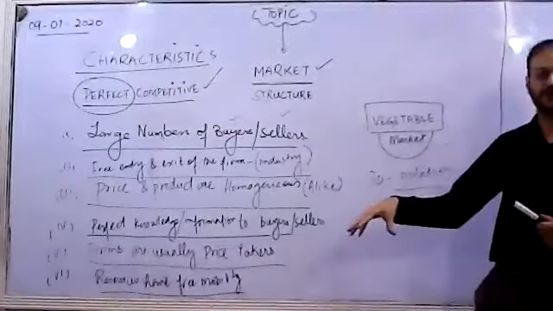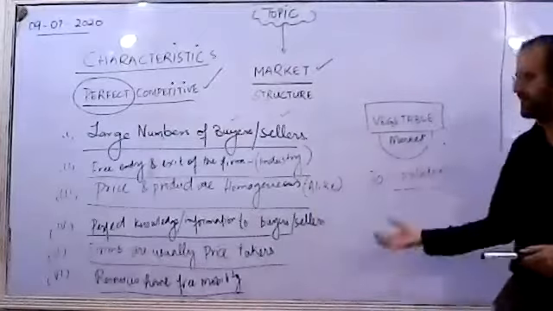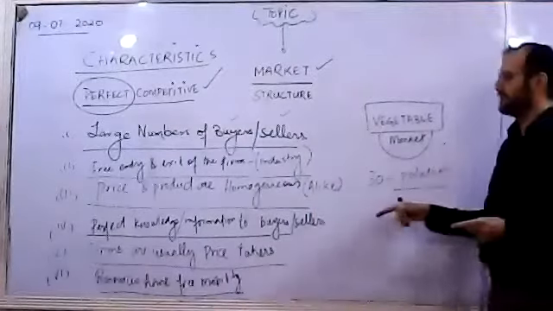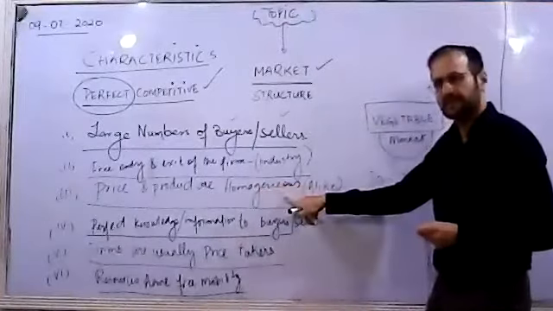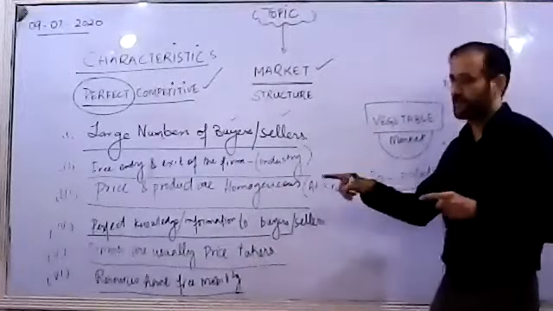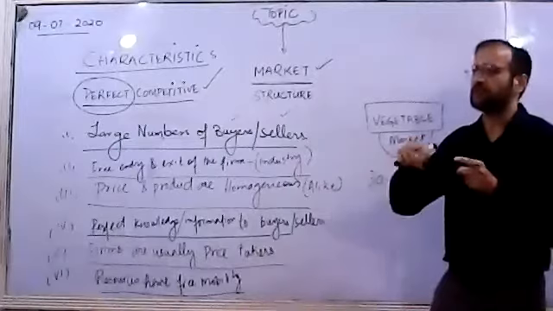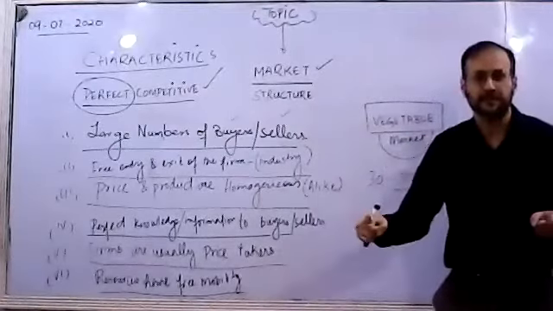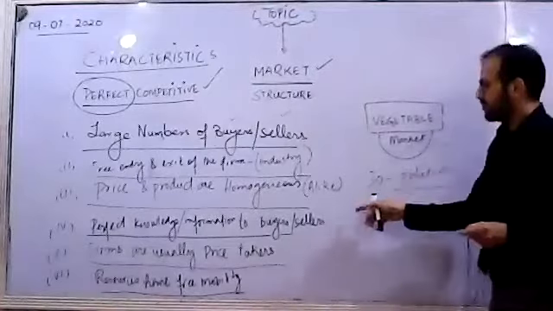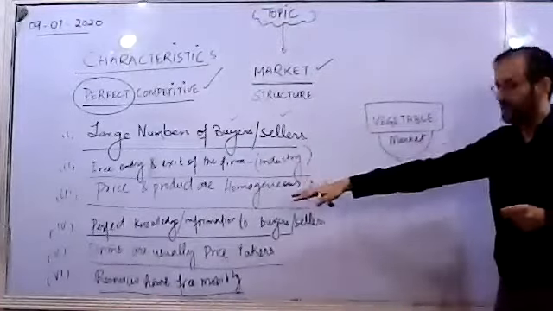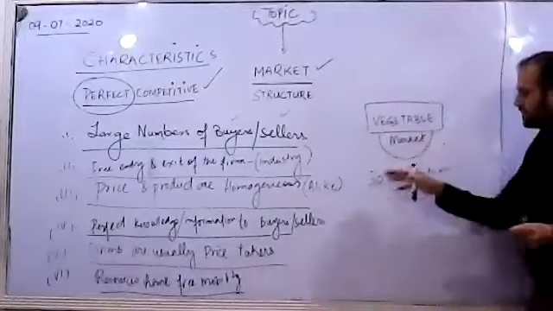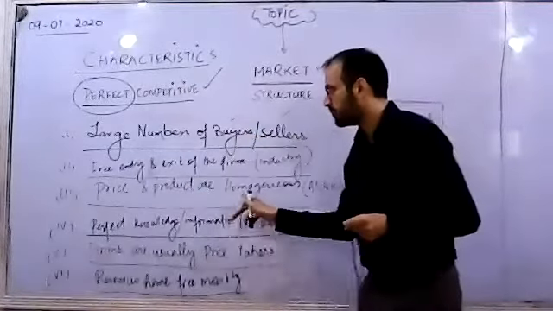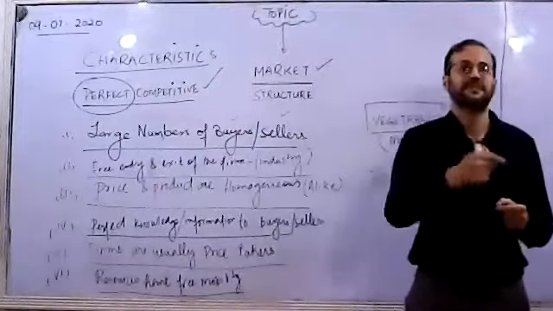If one person is selling that, the other is selling the same, and that's the reason they are homogeneous, they are alike. You cannot say this belongs to this company and this belongs to that, because they are not labeled. So any unlabeled products such as vegetables are going to be considered as perfect market. And since they are homogeneous, the prices would be the same.